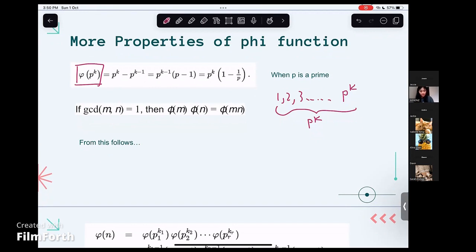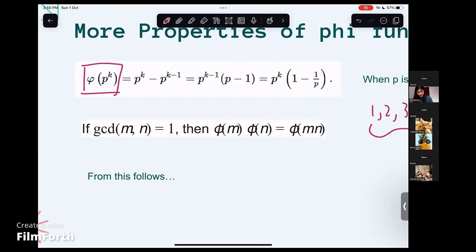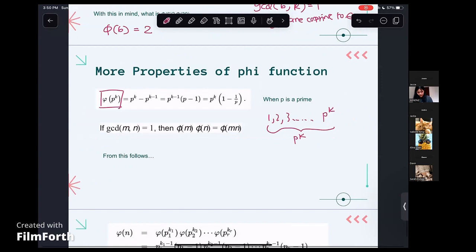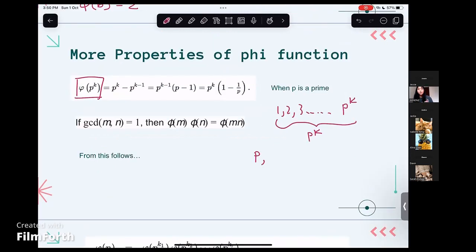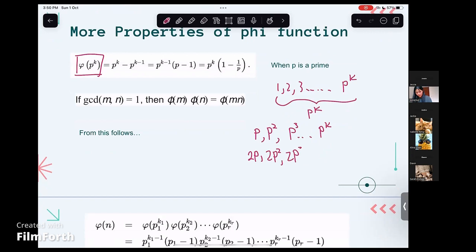So p has the common factor of p, and we ignore 1 just because it is co-prime even though it is a factor. And there's also 2p, right? 2p, 3p, all the way until (p^(k-1))p.